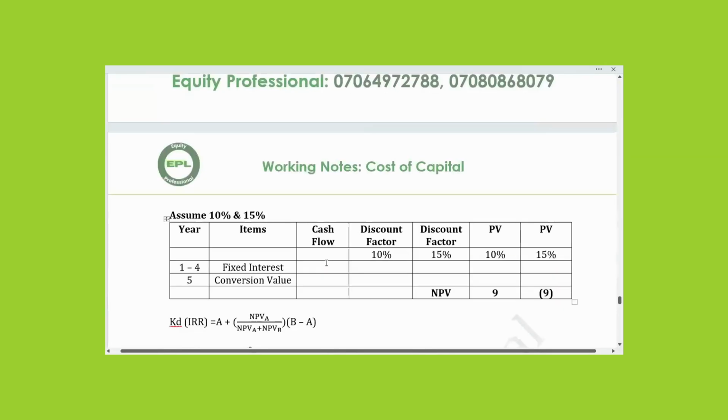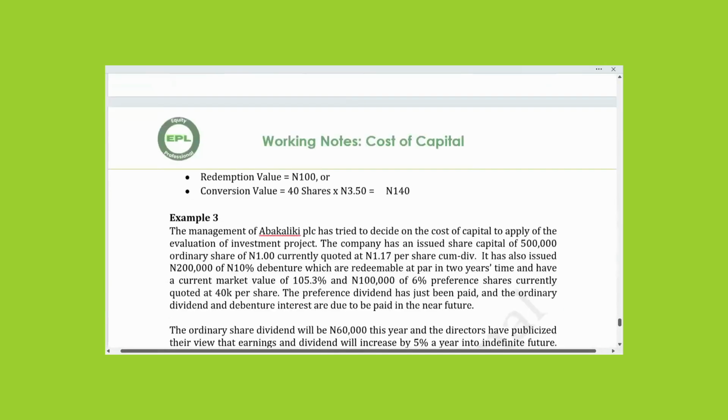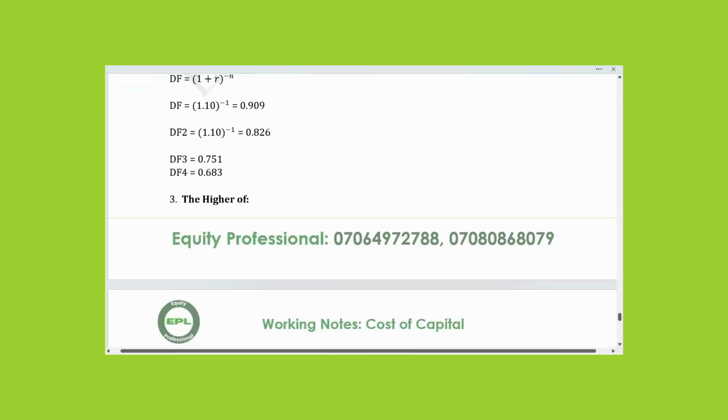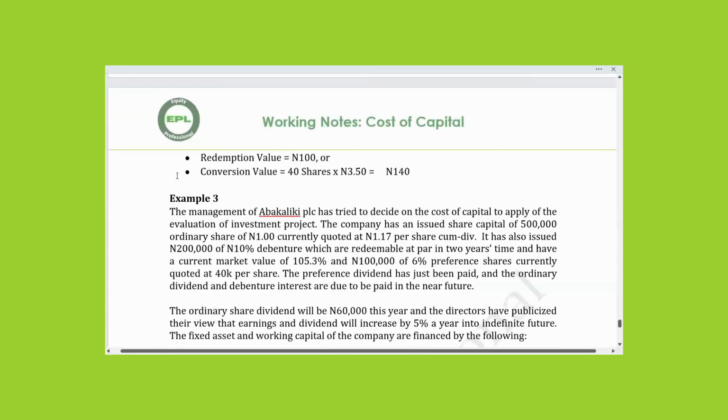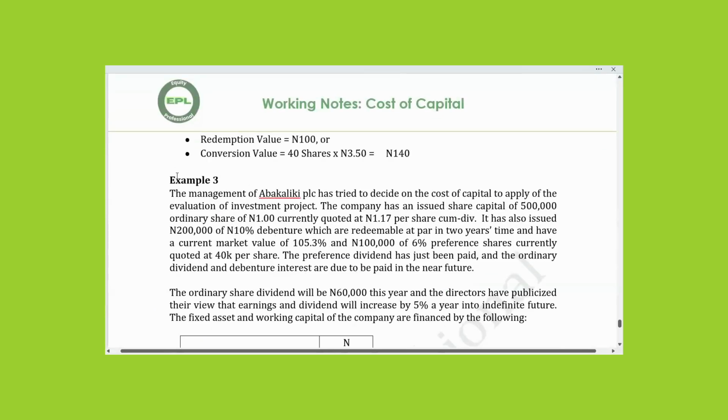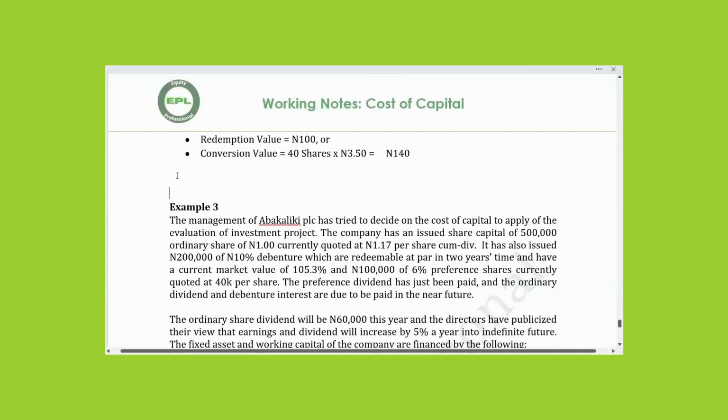Remember how we started a few weeks ago? We said that to calculate traditional weighted average cost of capital, there are 4 procedures you are supposed to carry out. We have discussed how to calculate cost of equity. Number 2, how to calculate cost of preference share. Number 3, how to calculate cost of debt.